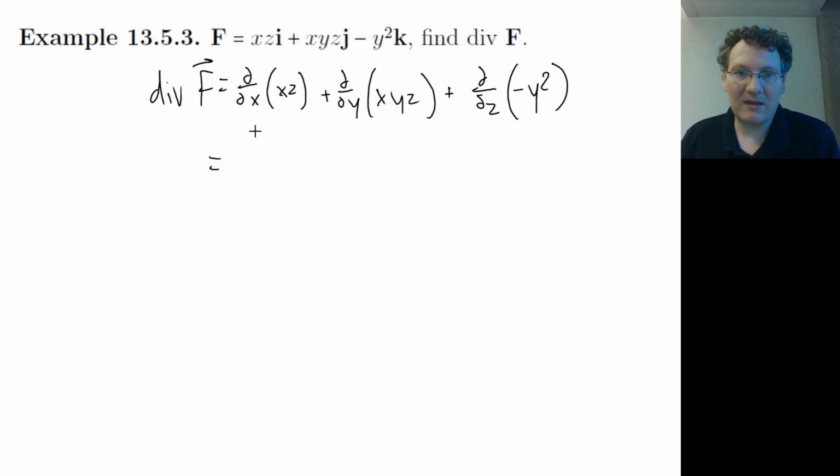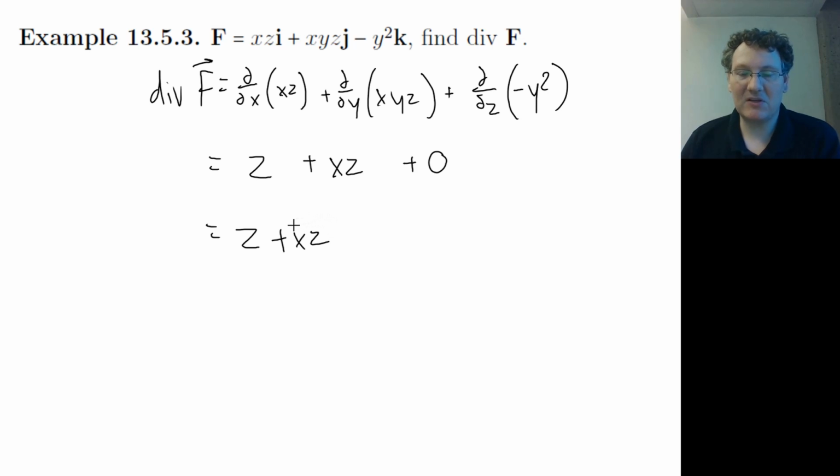So we get a z, then an xz for the second one, and then a big old 0 for the last one because it's constant with respect to z. So this is the divergence of this vector field. You can see it's a scalar. This is not a vector. The divergence gives you a scalar.